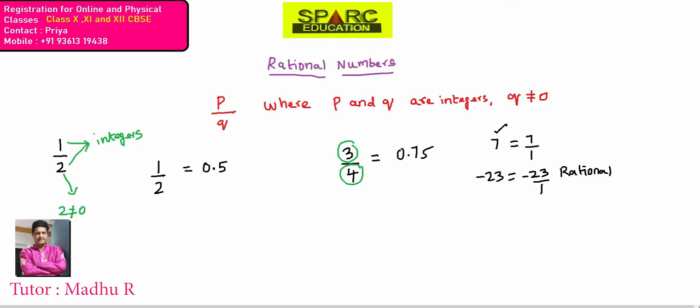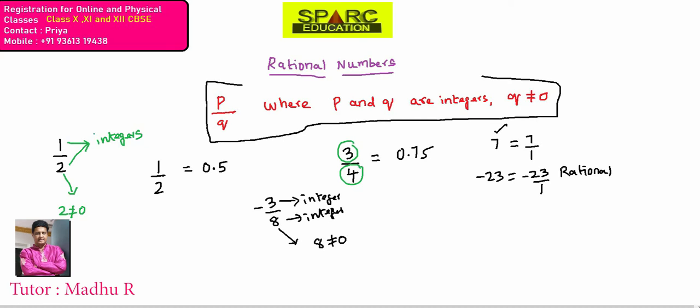What if it was a negative fraction, something like minus 3 by 8? That is also rational because minus 3 is an integer, 8 is also an integer, and 8 is not equal to 0. So it does satisfy the definition of a rational number.